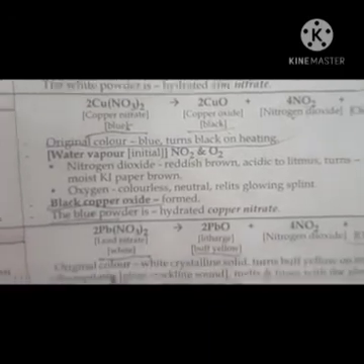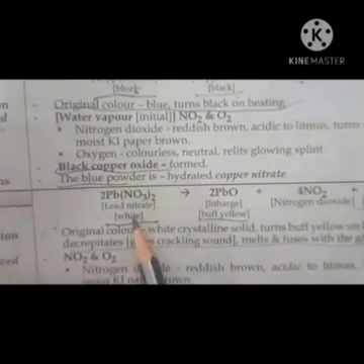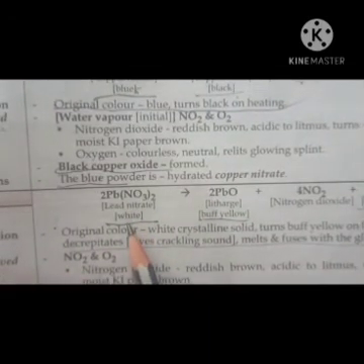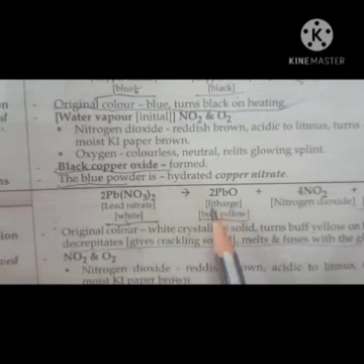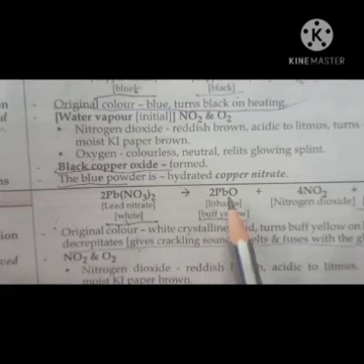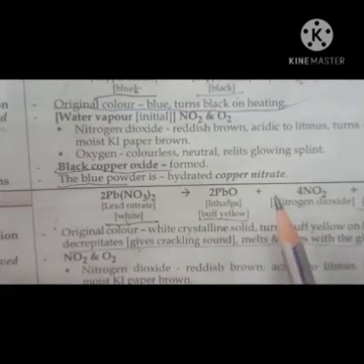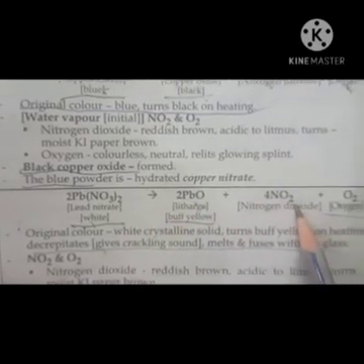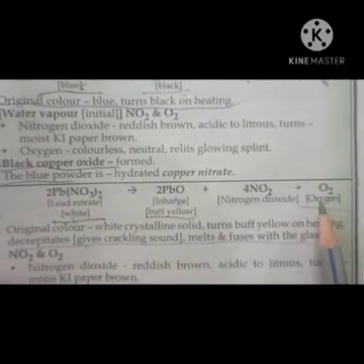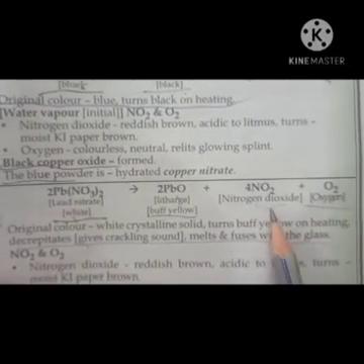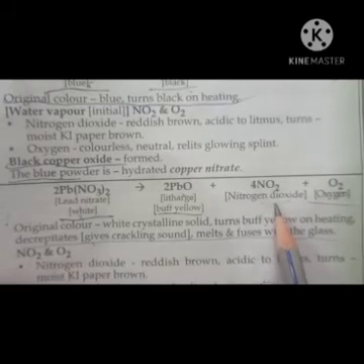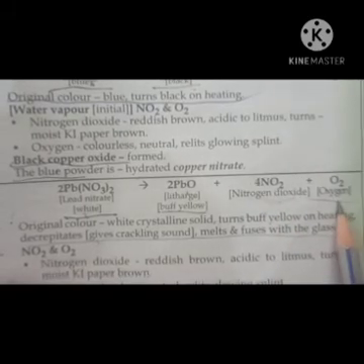Right, now next is lead nitrate. Lead nitrate is white in color, and on heating it gives litharge. Litharge is buff yellow lead oxide, and it gives nitrogen dioxide and oxygen gas. And what is the color of nitrogen dioxide? Reddish brown nitrogen dioxide gas is produced and oxygen gas is evolved.